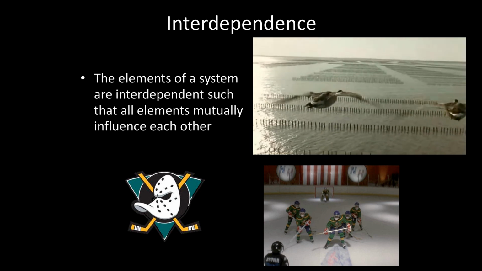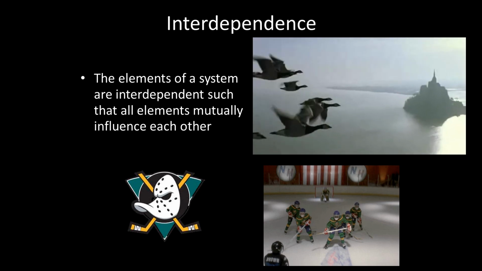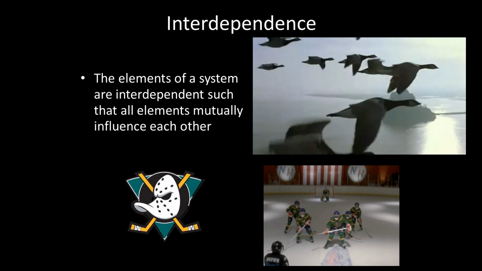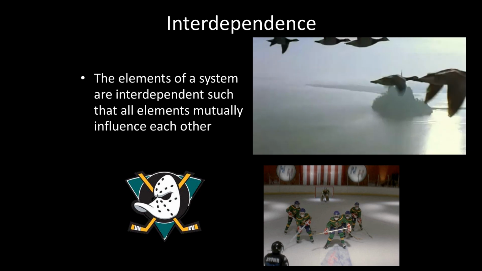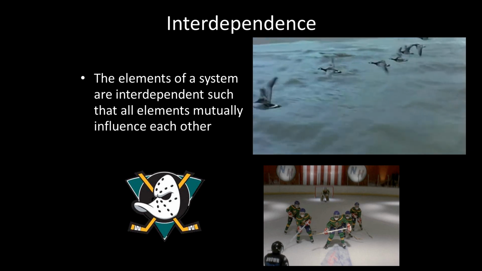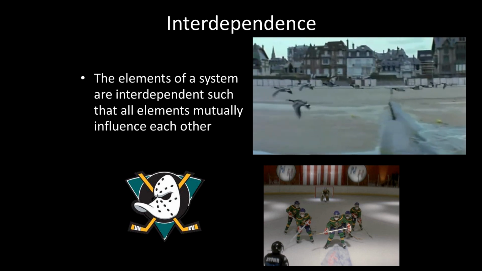However, when geese fly in formation, you'll notice that the head goose will rotate and fall back every once in a while and go into the V. By flying in that V formation, they have less wind resistance, allowing them to go farther.